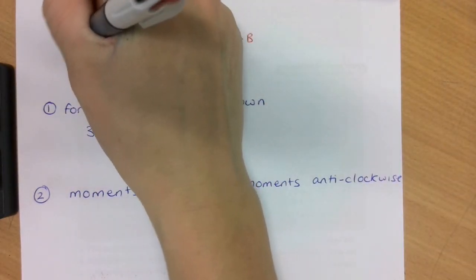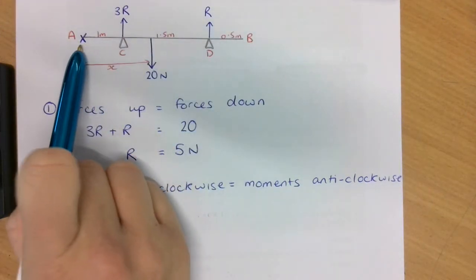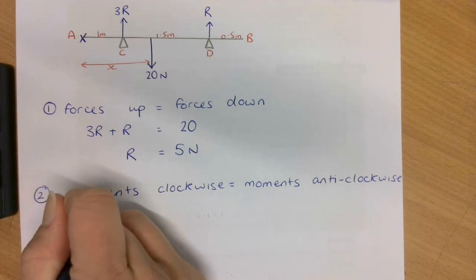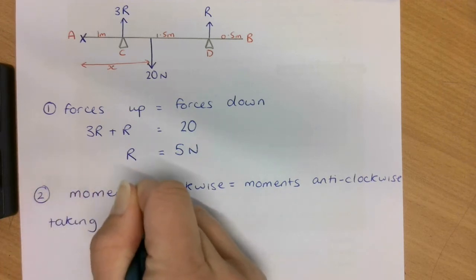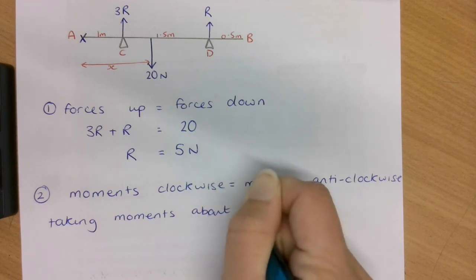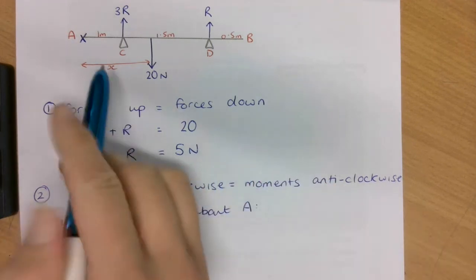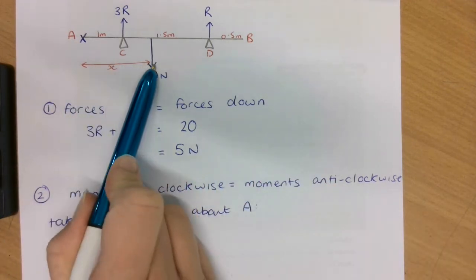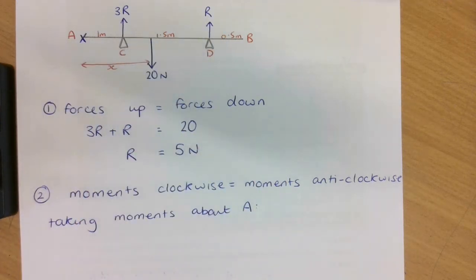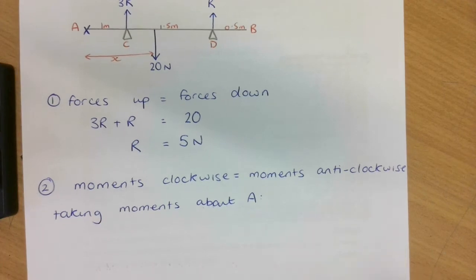I'm going to take them from the point A. So taking moments about point A. And I'm going to do that because I know that will help me work out X nice and easily. You could take it from anywhere else, but you would have a different answer for X and then just have to sub it in the end.